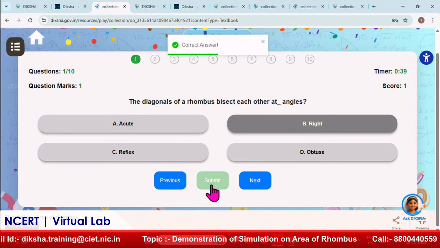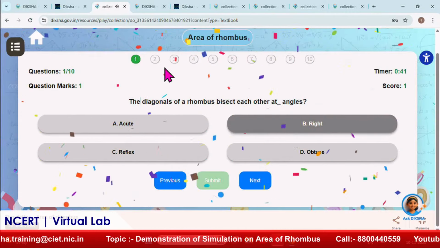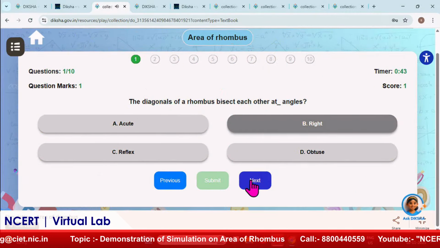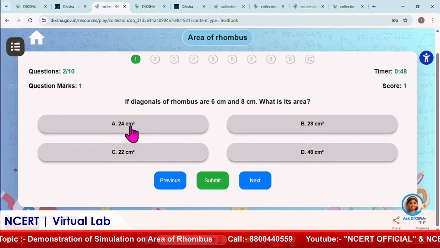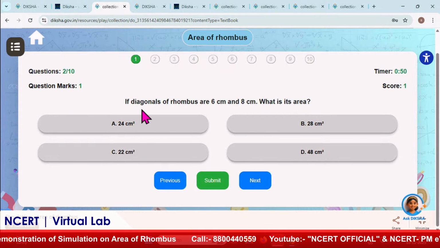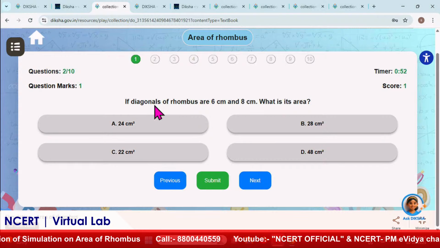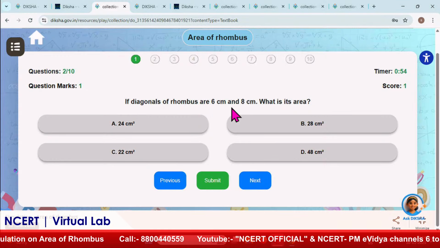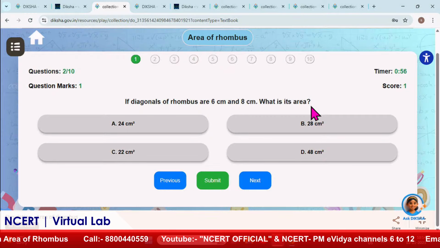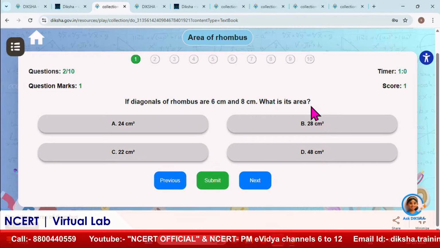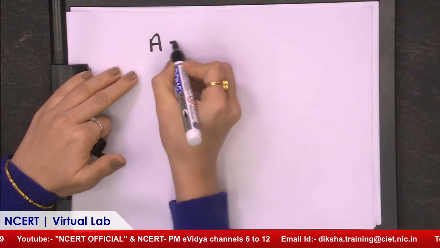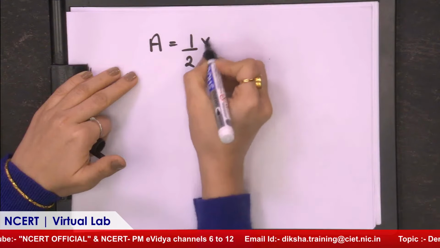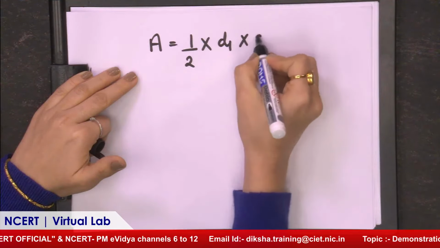We have to click on the submit button, and we can see that this answer is right. So this is our second question, and the question is given as: if the diagonals of a rhombus are 6 centimeter and 8 centimeter, what is its area? As we know, the formula for the area of the rhombus is 1 by 2 into first diagonal into second diagonal.